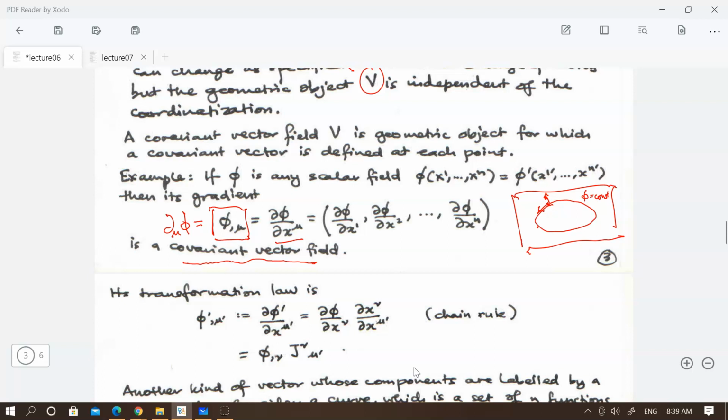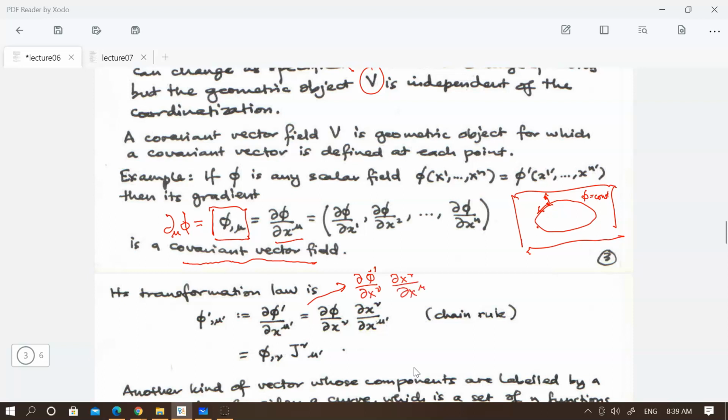So I can now use the chain rule. I should probably write an intermediate step here. So I can write d phi dash dx nu dx nu dx mu dash.